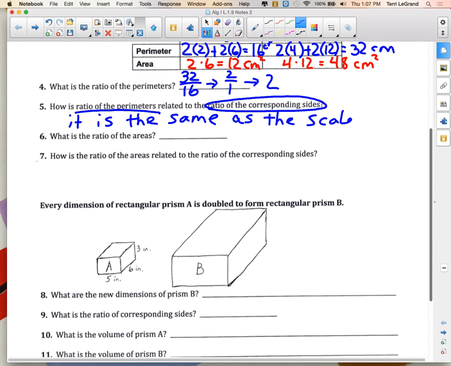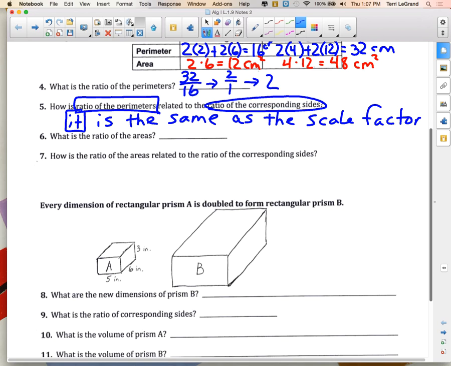Let's just call that ratio of corresponding sides the scale factor, because that's what should happen. If you double, and then you put them over each other and divide it out, you get 2 anyway, so it's really the same as the scale factor. So the ratio of perimeters is the same as the scale factor.